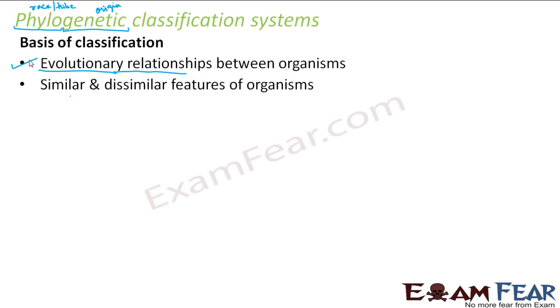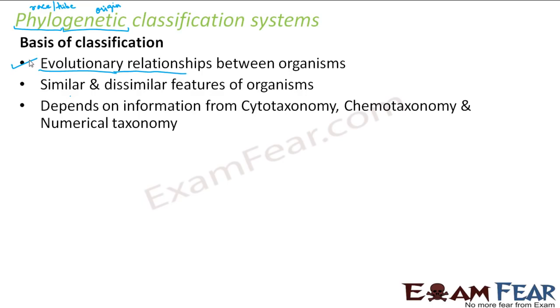Due to this issue with the fossil records, they took help of many other branches of science to derive the evolutionary relationship between organisms. So this classification system depends on information from cytotaxonomy, chemotaxonomy, and numerical taxonomy.